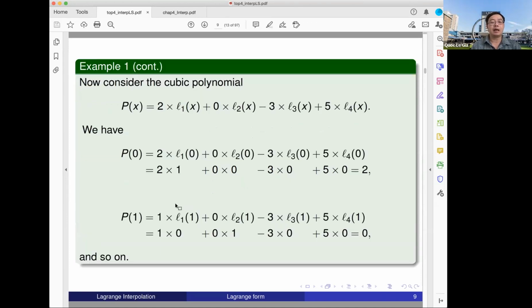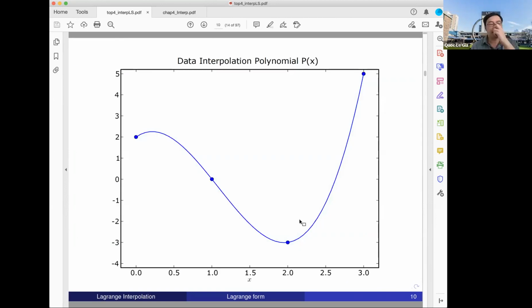You can check for x equal 1, then L1 of 1 is equal to 0, and this one equals 0, and then it equals 0. When you plot it, this is the blue curve.